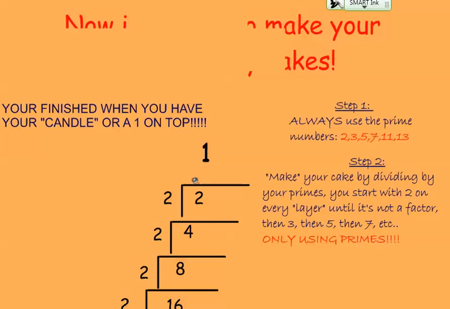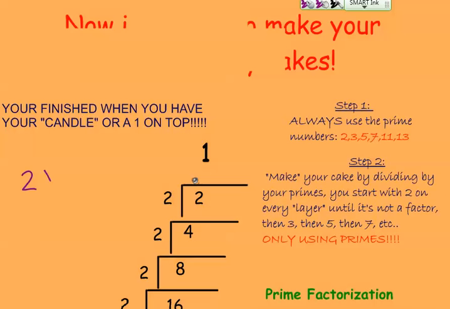So all we did was we used 2. 2 goes into 16 8 times, 2 goes into 8 4 times, 2 goes into 4 2 times, 2 goes into 2 1 time. That's the prime factorization of 16. So we wrote it as prime numbers. Now we have to multiply them together, and the way you do that is it's going to be all the 2's multiplied together.